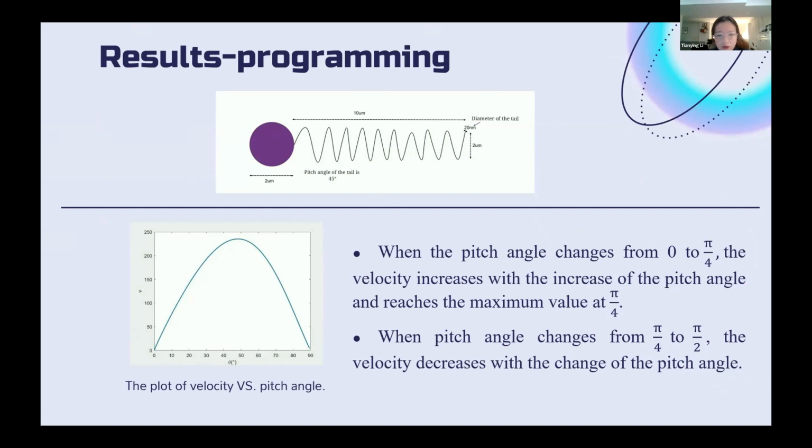However, when the pitch angle changes from 45 degrees to 90 degrees, the velocity shows a contrasting pattern, decreasing with the increase of the pitch angle. The velocity reaches the maximum value at 45 degrees as shown in the figure.